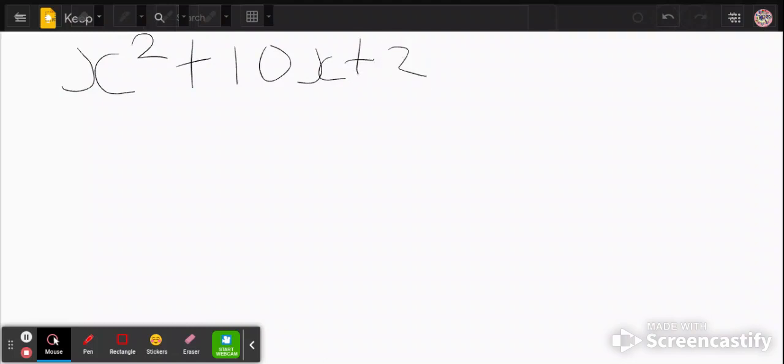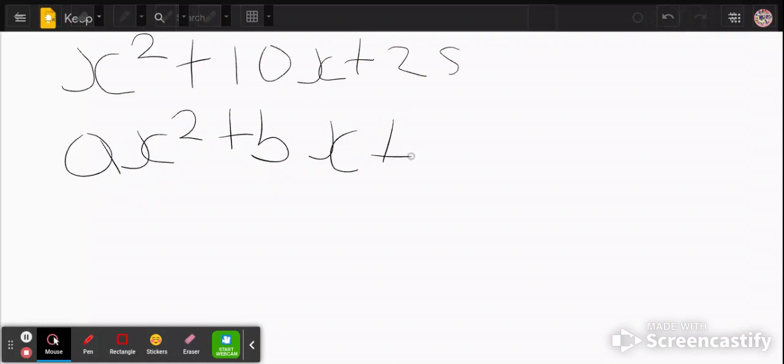So on screen we have an example: x squared plus 10x plus 25, right? And in quadratic equations, it is written in this form: ax squared plus bx plus c, right? Where a represents the coefficient of x squared, and we know the coefficient of x squared is 1, so 1x squared.